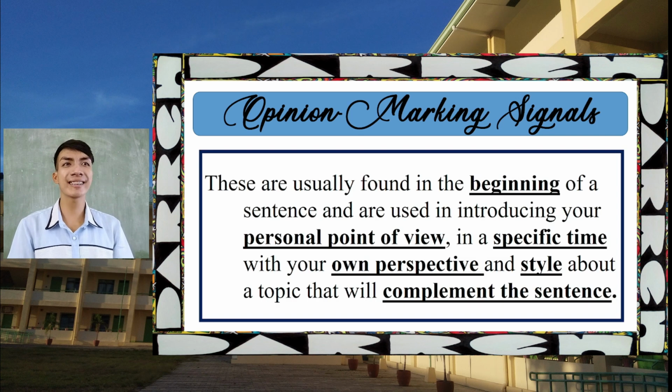So, opinion marking signals are words or phrases that are mainly used to show various feelings, emotions, and attitudes toward an idea or concept. They are helpful clues or hints in the forms of words and phrases that assist us in recognizing opinion statements.